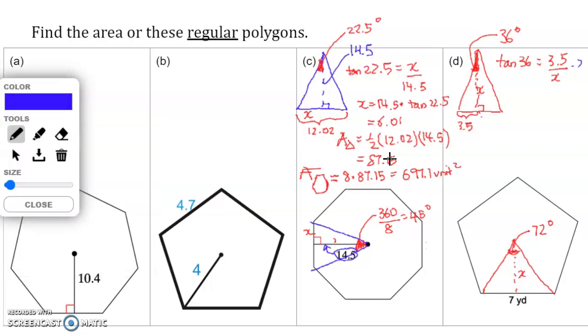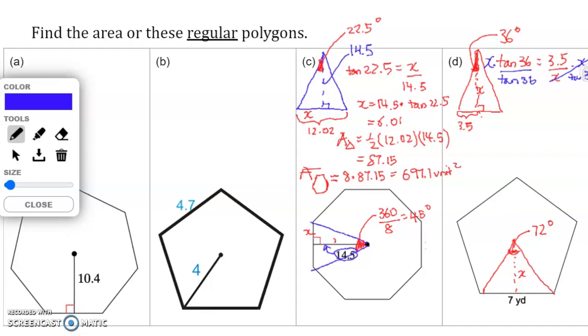We multiply both sides by x. That cancels out. And then divide both sides by tangent of 36. That leaves us with x equal to 3.5 divided by tangent of 36 degrees. When I use the calculator, I get x to be approximately 4.82.